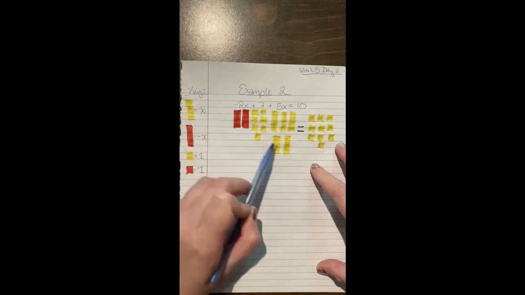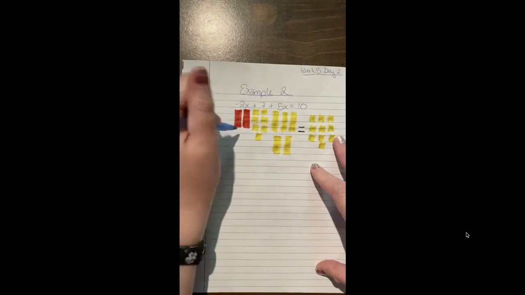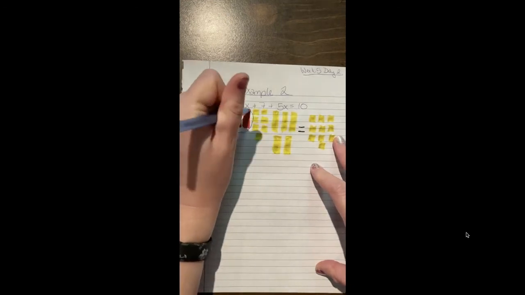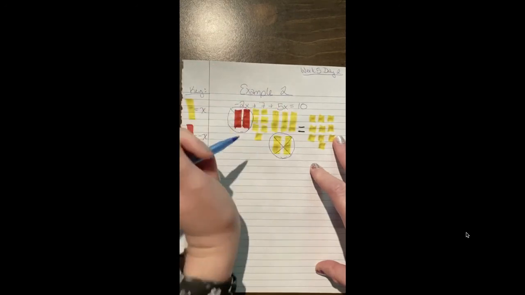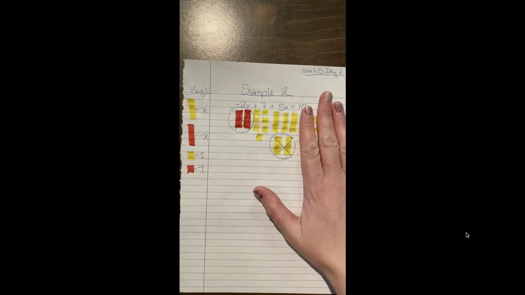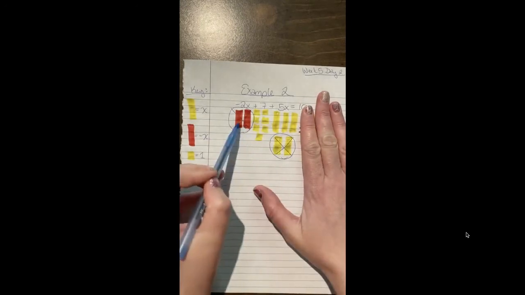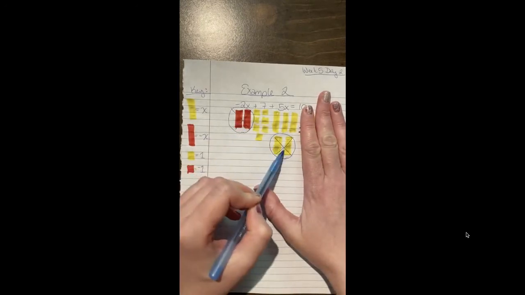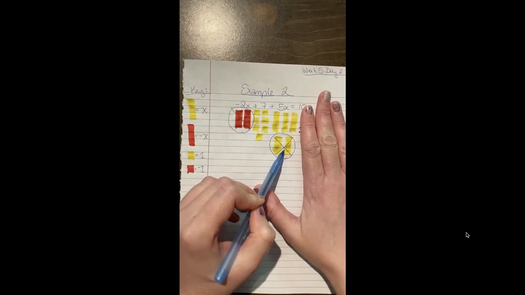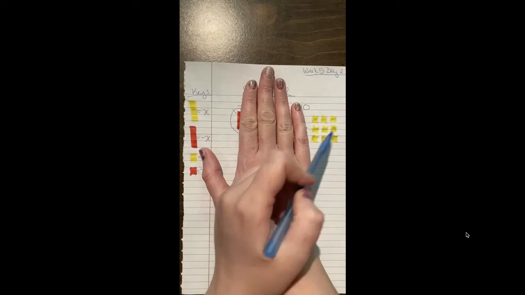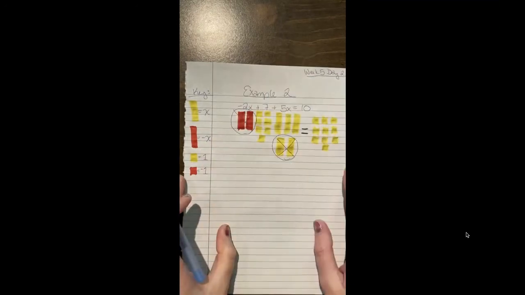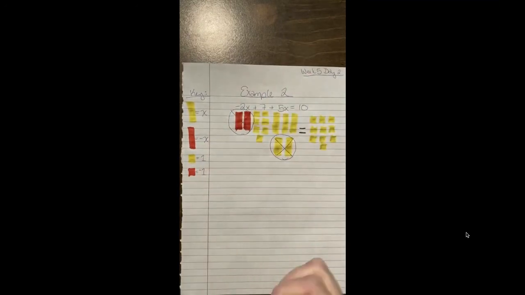So negative 2x plus 2x is 0. I'm going to take these and cancel them, and these and cancel them. On the left side, what I could cancel is 2 negative x's and 2 positive x's. Then here is what's left. On the right side, we cannot cancel anything. It's all positive.